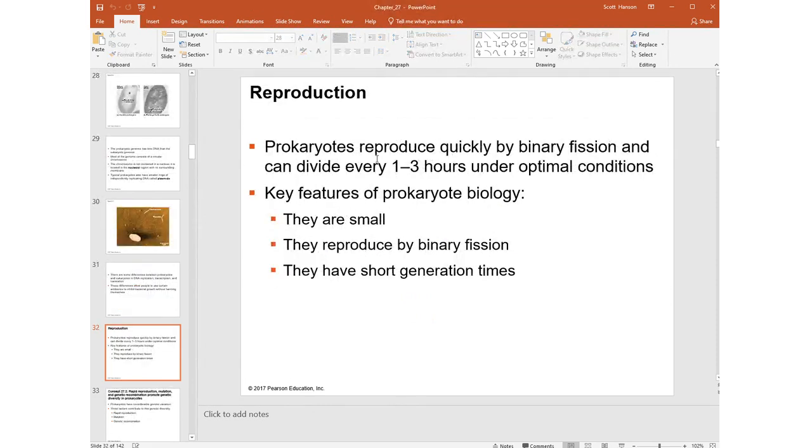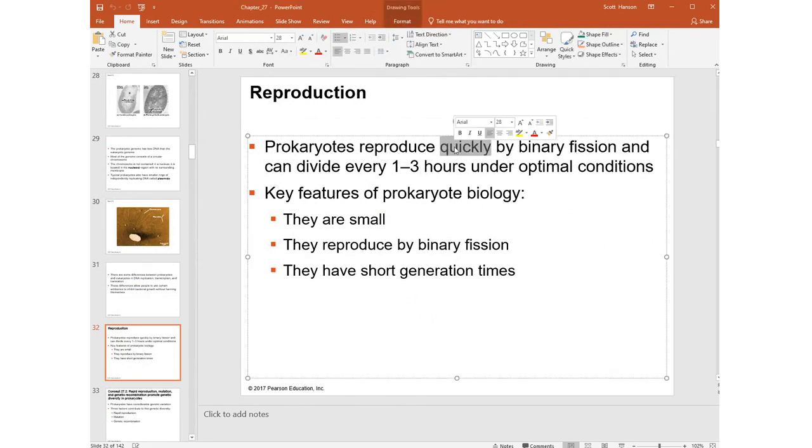Prokaryotes reproduce fairly quickly, and each prokaryote cell divides by what's called binary fission. Generally, they can divide every 1 to 3 hours under optimal conditions: the right temperature, the right concentration of the fluid around them, enough nutrients, and so on.